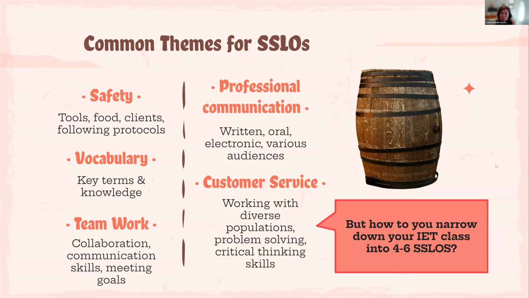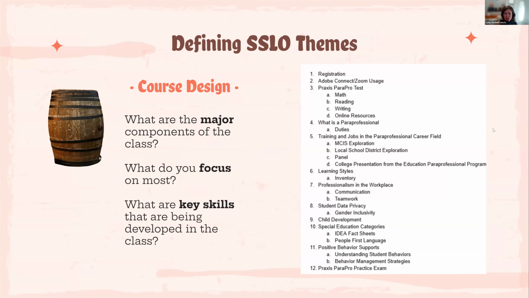So how do you boil it down or narrow it down with your IET to just 4 or 5 or 6 themes for your SSLOs? That can be a difficult thing to do. So there's a couple strategies that I'd like to walk through for you.